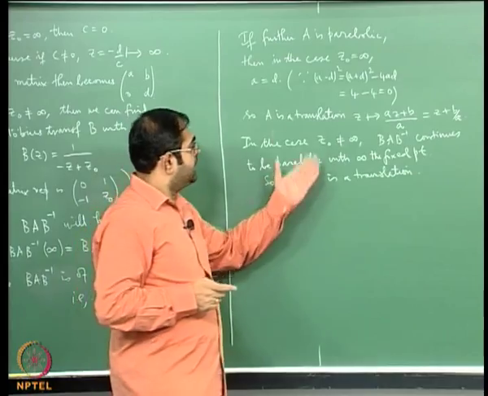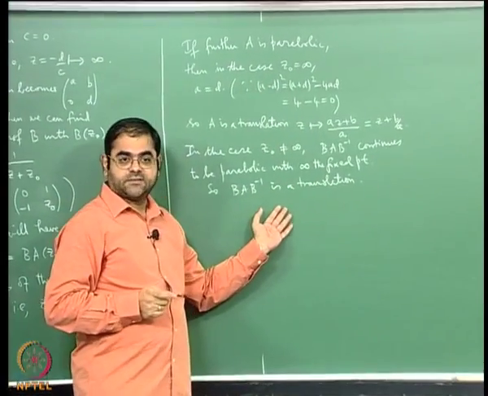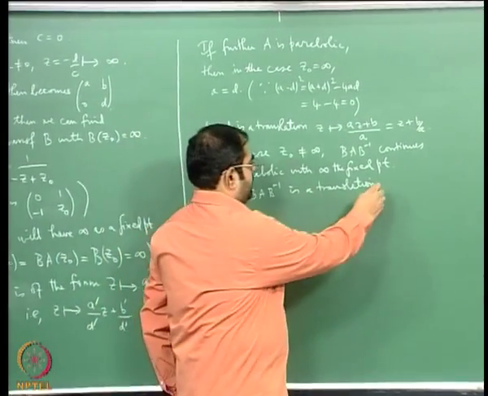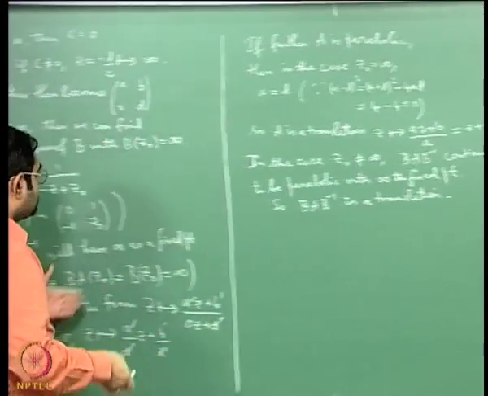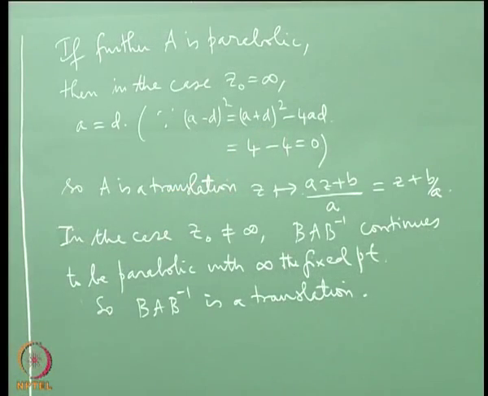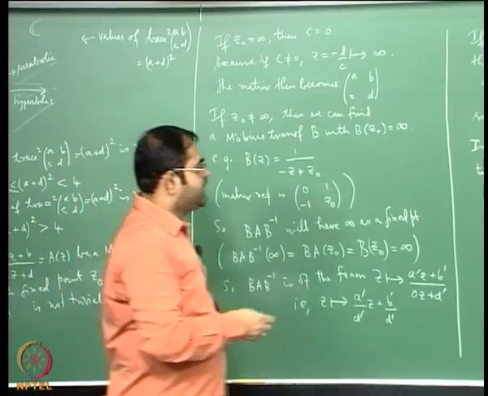So this is another direct way of seeing that. Now, this is the situation when there is only one fixed point, but let us assume that there is another fixed point.